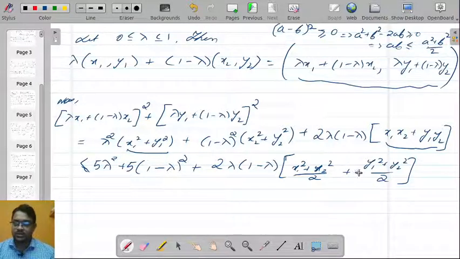So this is satisfied. x1 x2 I can always write as less than or equal to (x1 square plus x2 square) by 2, okay, and this also we can write: y1 y2 is always less than or equal to (y1 square plus y2 square) by 2.